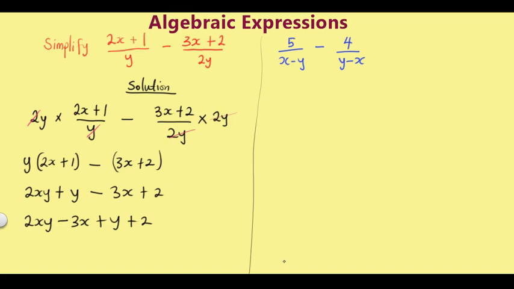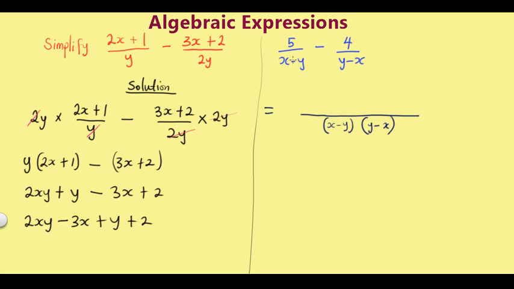If our aim is to simplify this, the very first thing that we do here is to find the LCM of the denominators. Since they are not numbers, let's just take the two denominators, x minus y and y minus x.